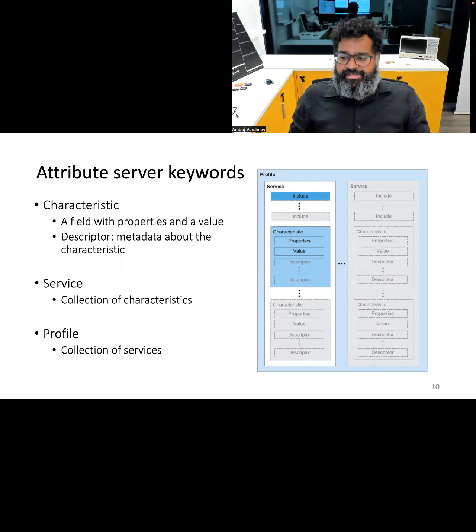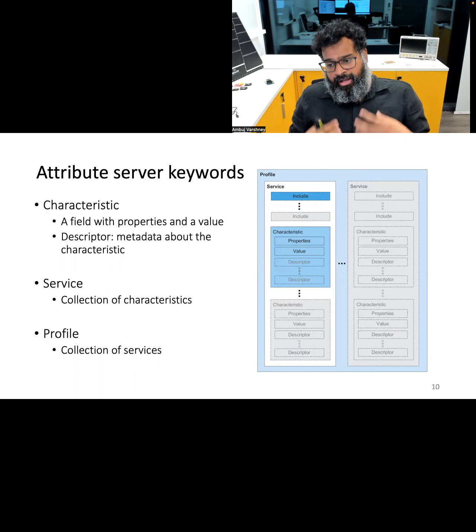Each characteristic has a unique UUID and properties such as read, write, notify, and value. In the case of a heart rate monitor, a characteristic might represent the current heart rate measurement in beats per minute. So GATT is organized from profile, which contains services, which contain characteristics.